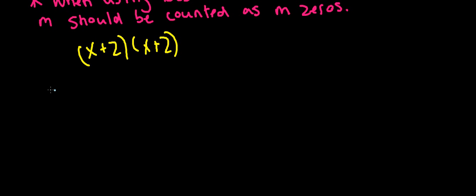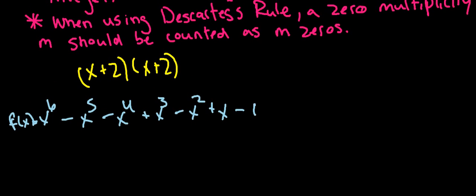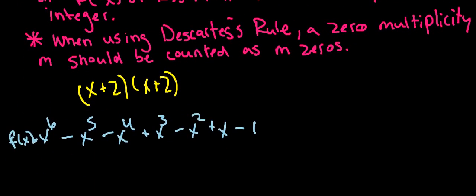So let's say I have some equation x to the 6th minus x to the 5th minus x to the 4th plus x to the 3rd minus x squared plus x to the 1st minus some constant. Or we can just change it to a number, it's minus 1. And this is f of x. So let's use Descartes' rule on this polynomial.